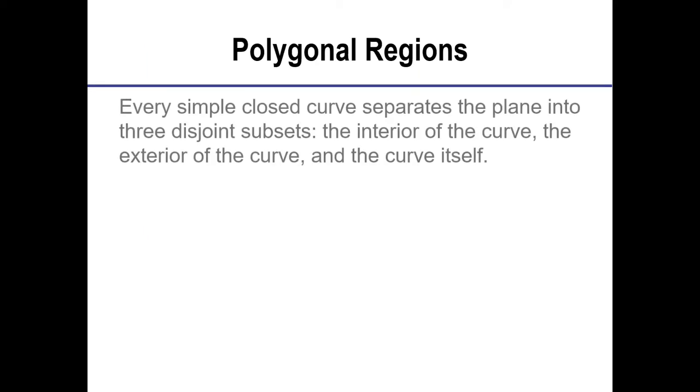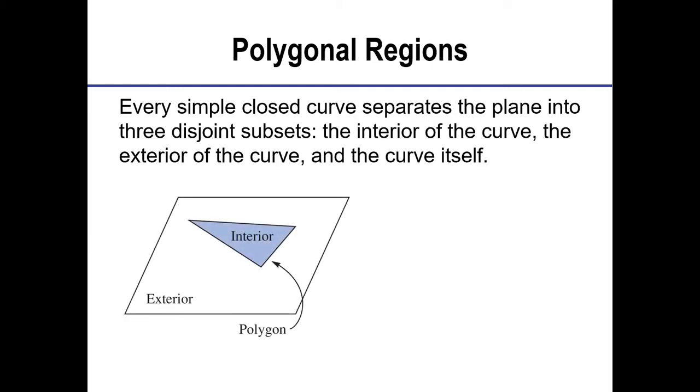Every simple closed curve separates the plane into three disjoint subsets: the interior of the curve, the exterior of the curve, and the curve itself.